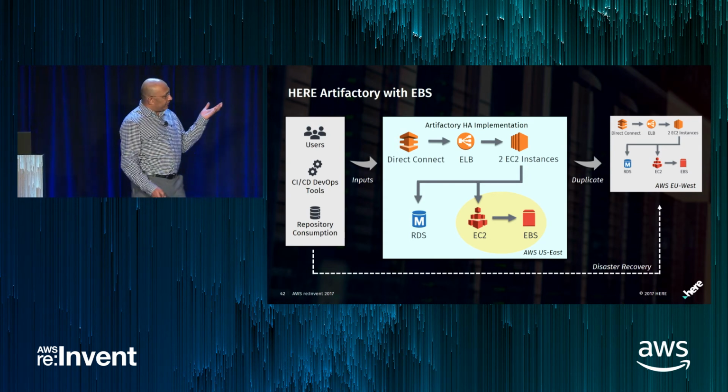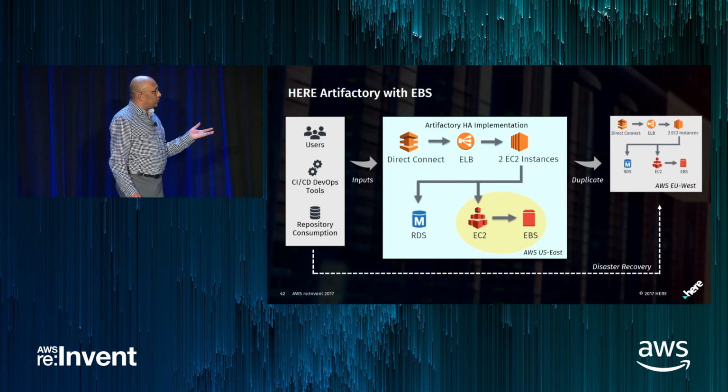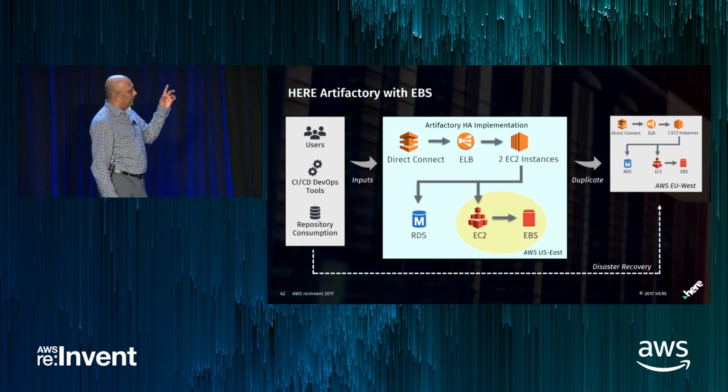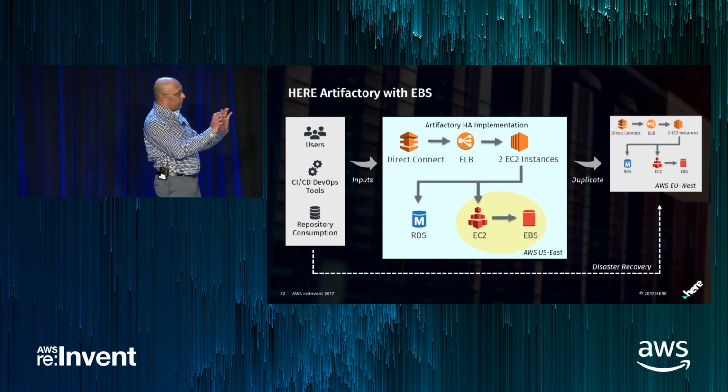We have a disaster recovery Artifactory cluster solution in the EU region, and any artifacts that are written to the primary Artifactory are then replicated to the disaster recovery region. Like Yoa mentioned, we use push replication.